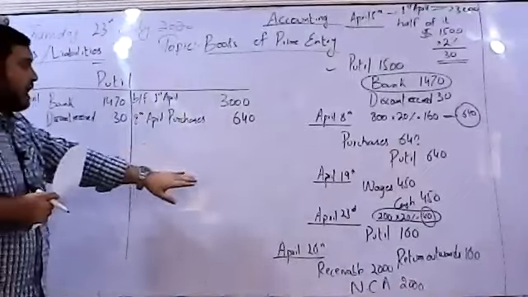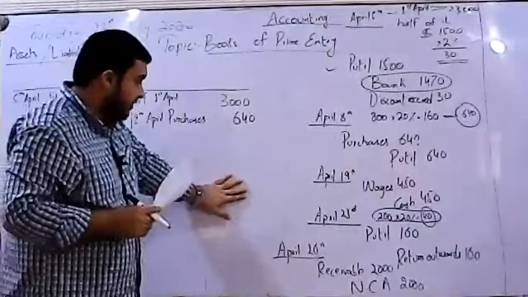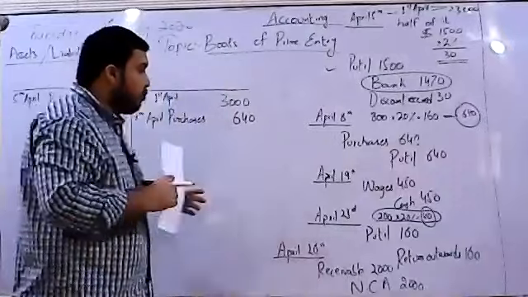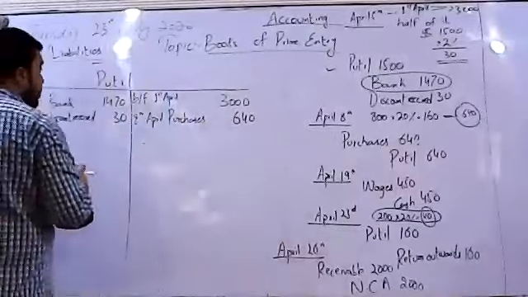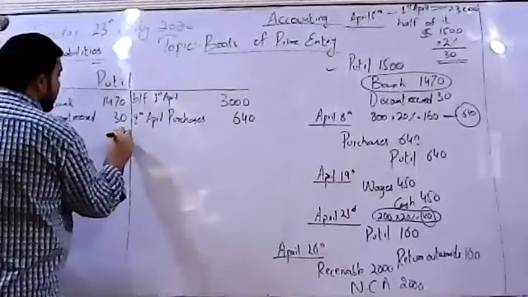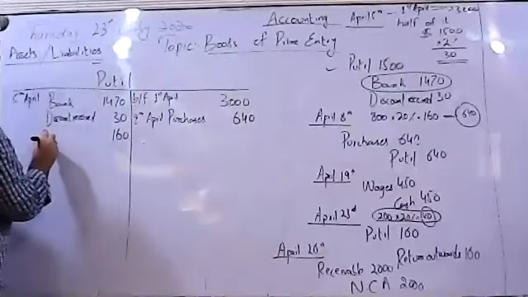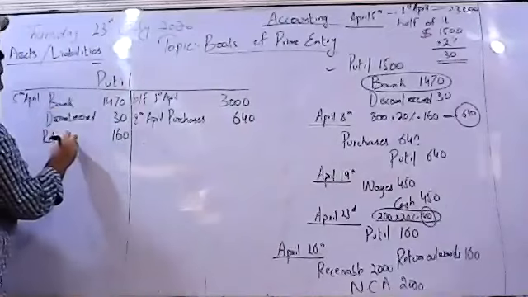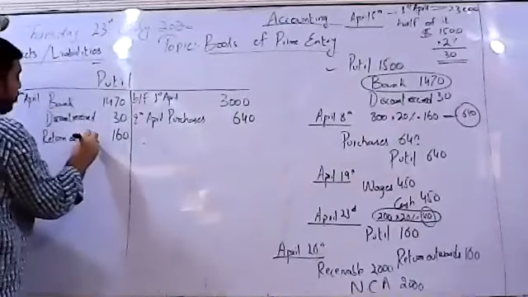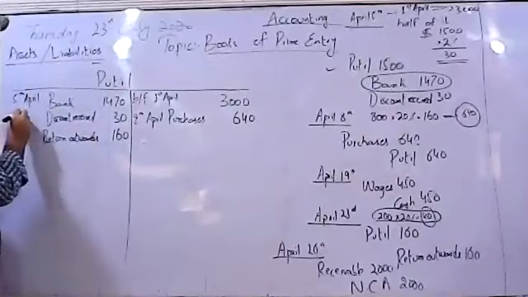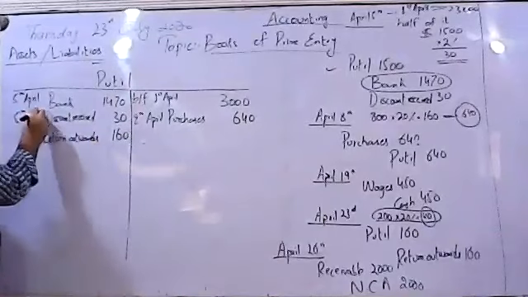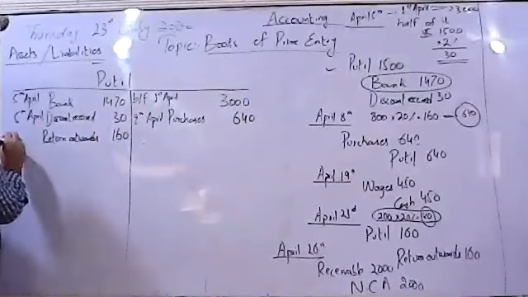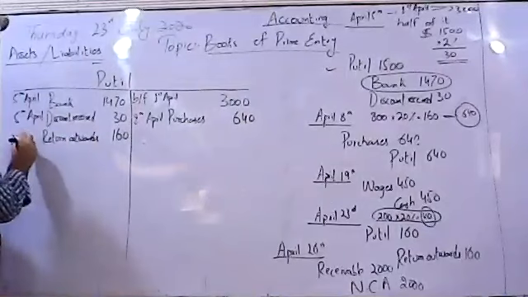Then the April 19th transaction was relevant to the wages. Then on April 23rd, Putel debited 160 because of return outwards, and the date was April 23rd, right?